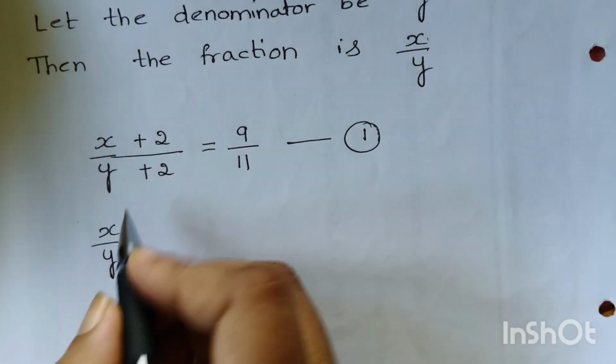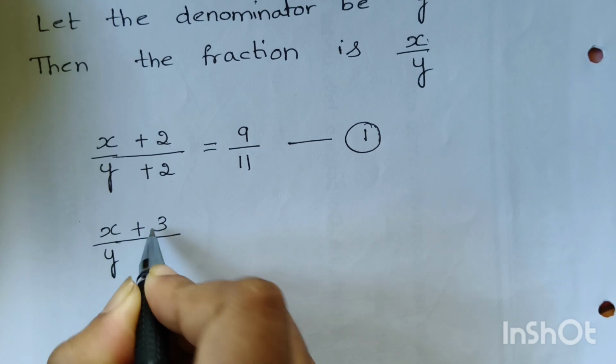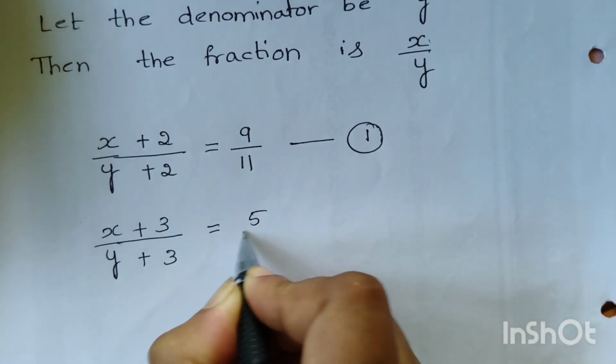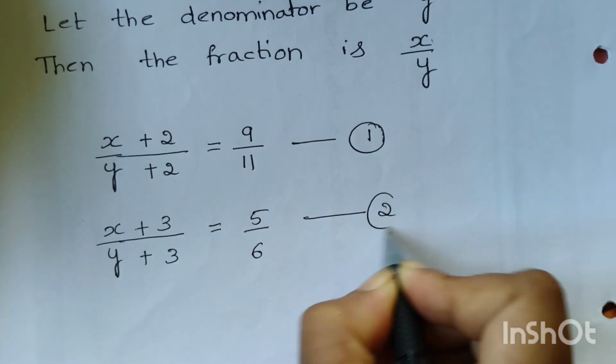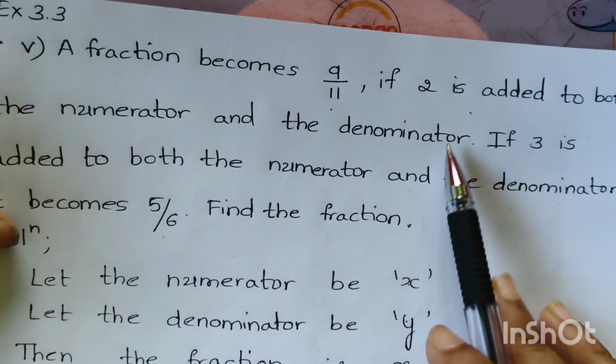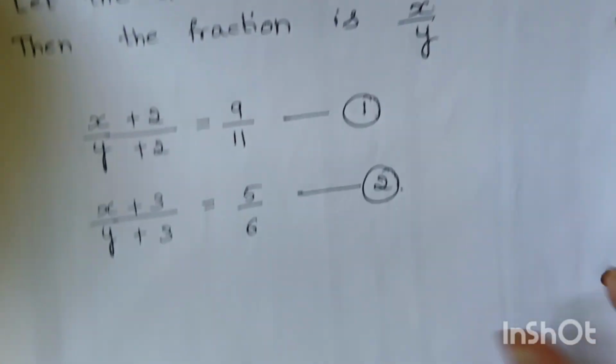So let us add 3 to the numerator and to the denominator, so that it will become 5 by 6. These two equations, we got from the question. Now let us solve this.